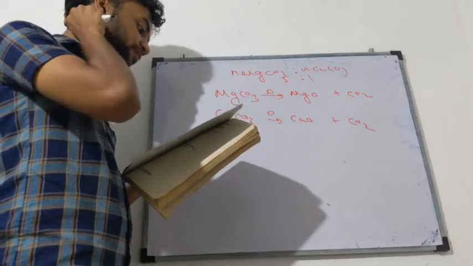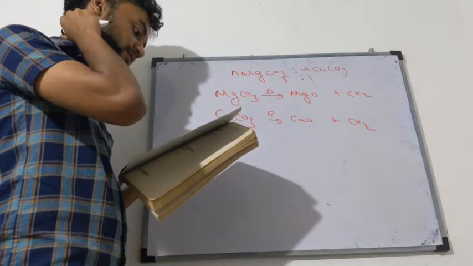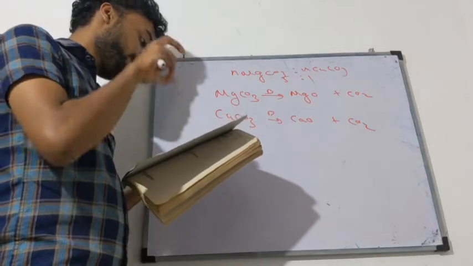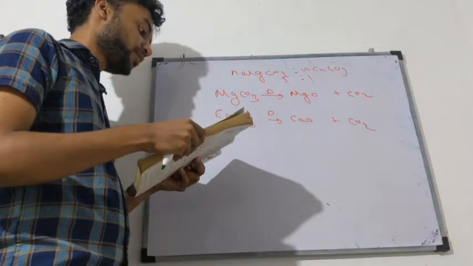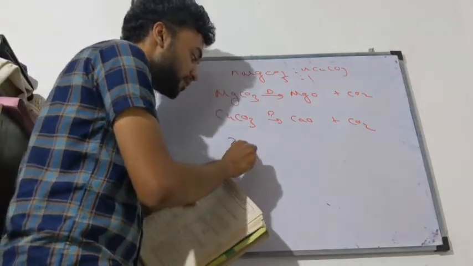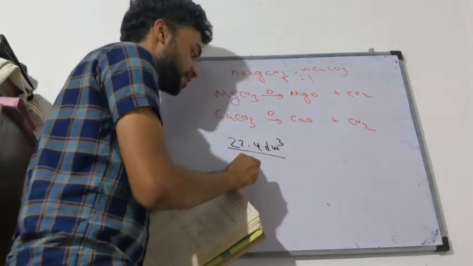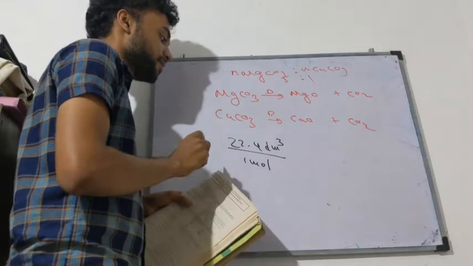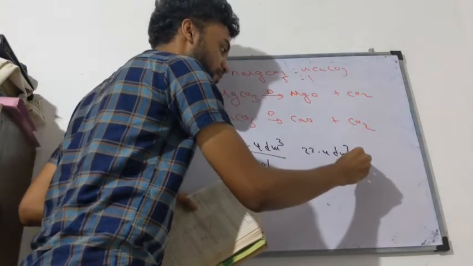CO2 occupies a volume of 134.4 decimeter cube at standard temperature and pressure. Now you know at standard temperature and pressure, 1 mole of gas occupies a volume of 22.4 decimeter cube. That means 22.4 decimeter cube per mole.